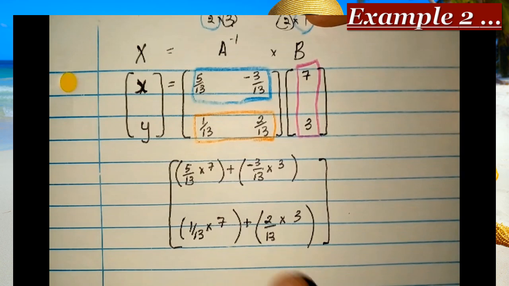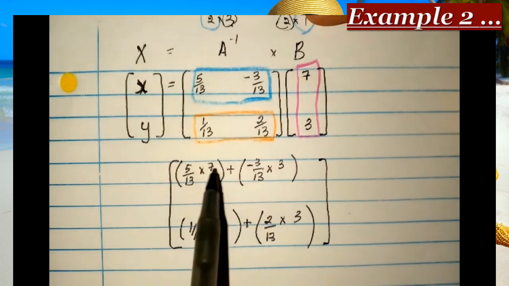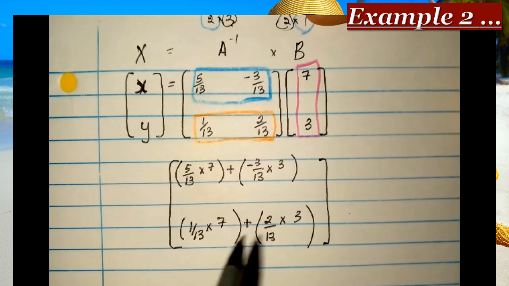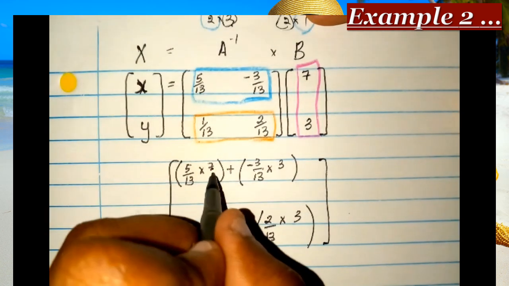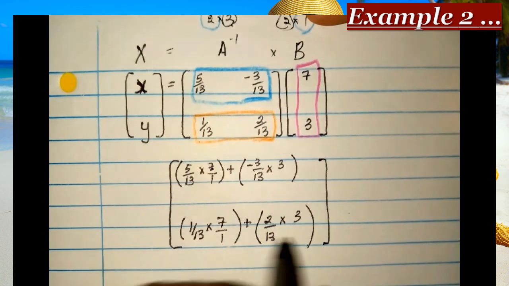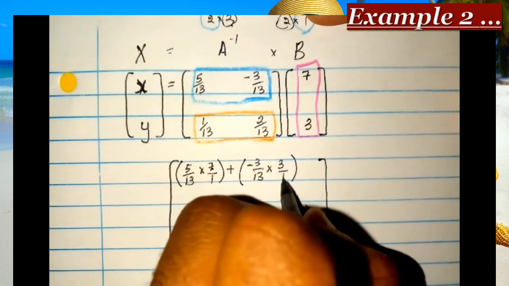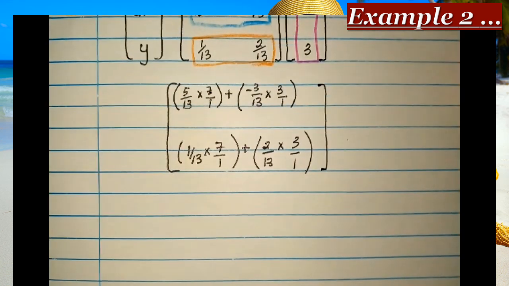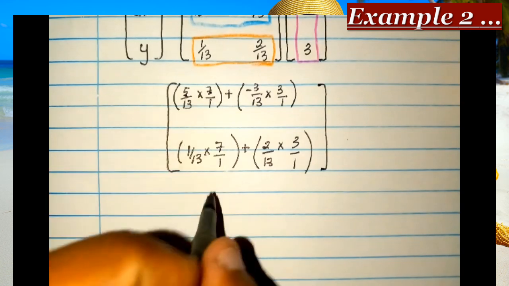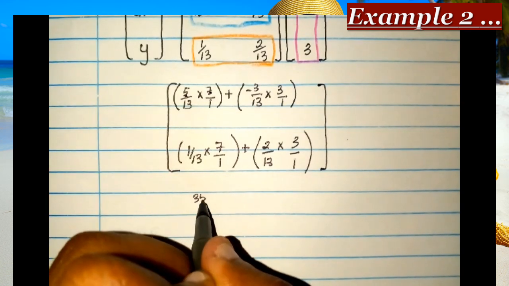Now, because these are fractions and these are integers, I'm going to rewrite all of these whole numbers or integers as fractions by putting them over 1. This should make life easier for me. Then we just multiply like normal. 5 times 7 gives us 35.